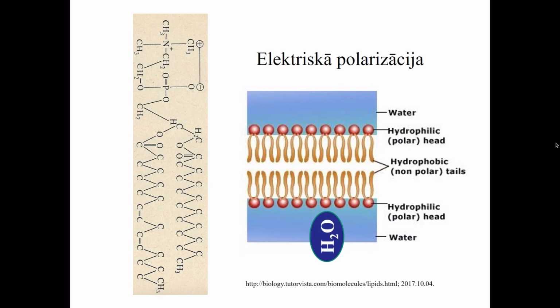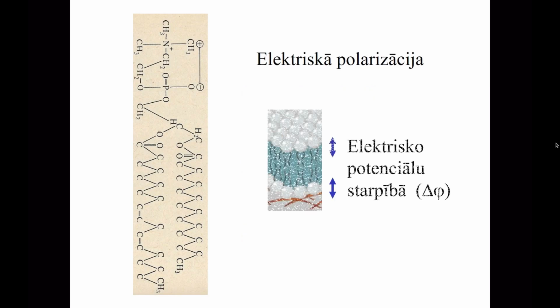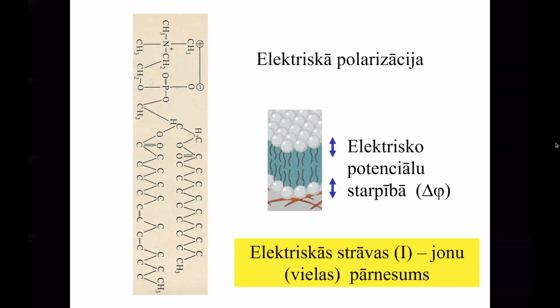In dependence on the structure, we have different influence. Have a look what we have here. We have the electrical potential difference here, and the molecule or ion transfers or passes these two electrical fields. So this is the reason that the electrical current, ion current, or dipole current, for instance, dipole flow, is influenced by properties of the membrane.